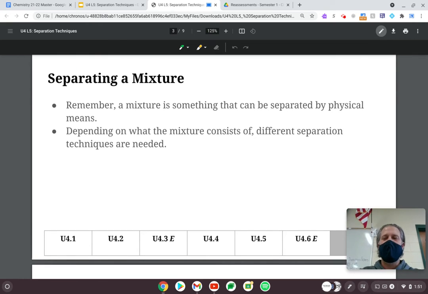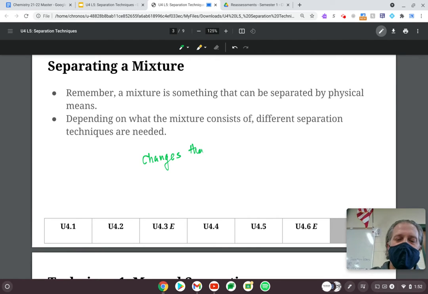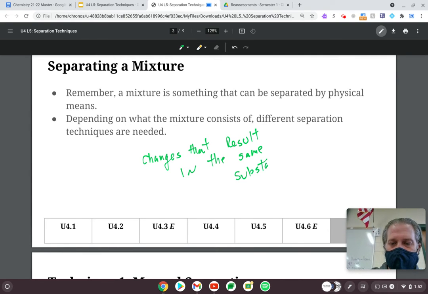Going back to physical properties, you may recall, as a review, that physical changes are changes that result in the same substance. So that's a physical change.